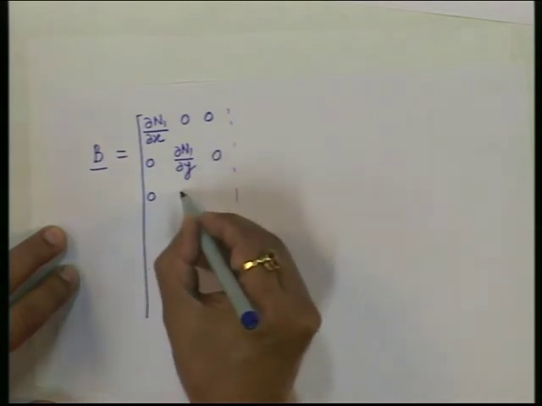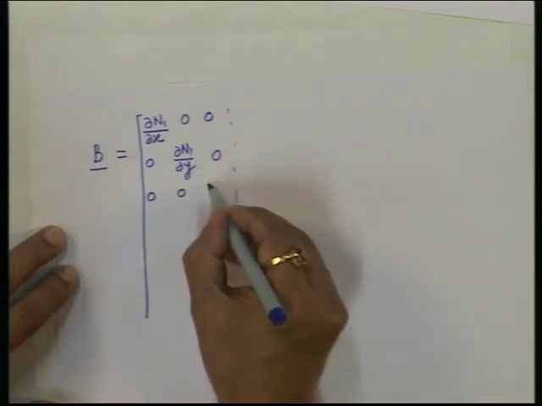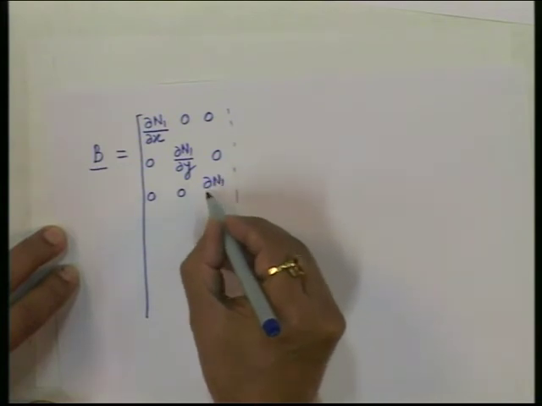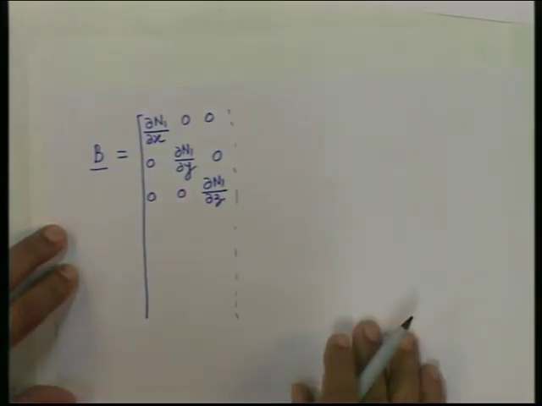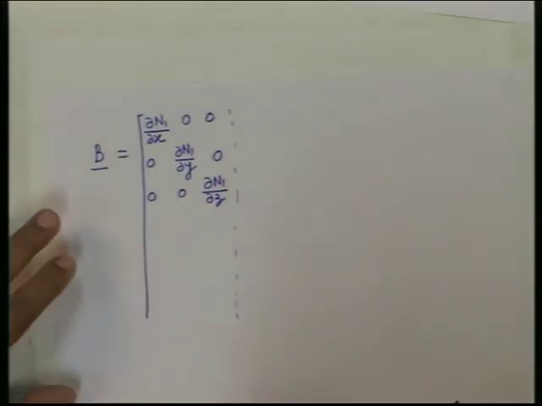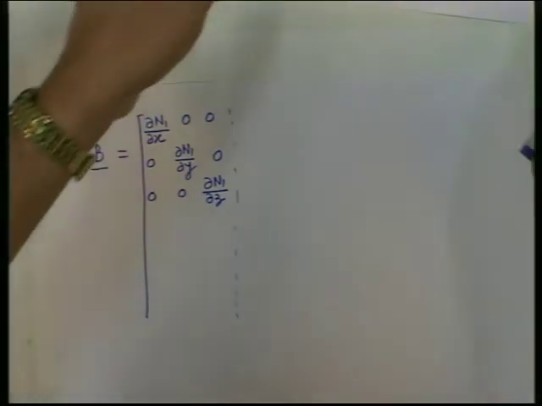Third row, dN1 by dz. Then the next one, w, u, v, third row N1. Is this okay or did I make a mistake?